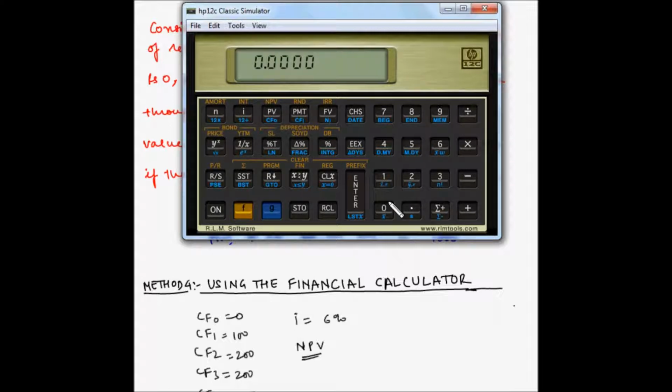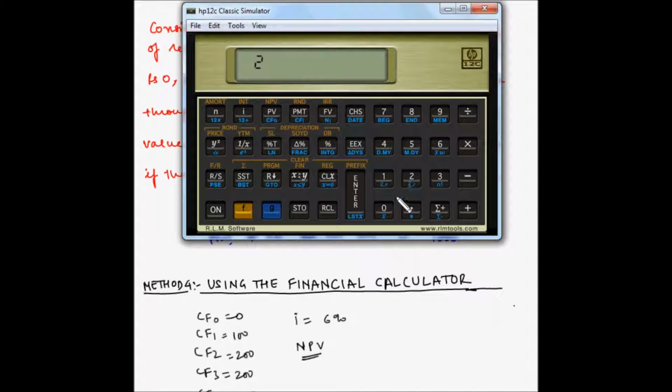Then CF1 is 100. So 100, and then blue button and CFJ. Next is 200, blue button and CFJ. Again 200, and then CFJ.